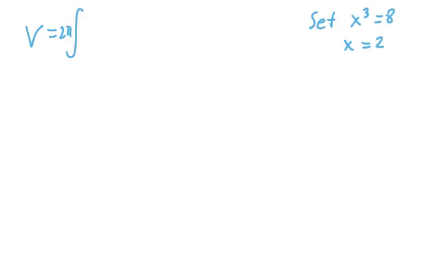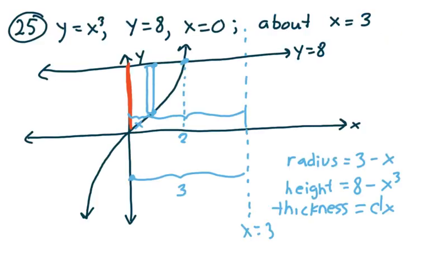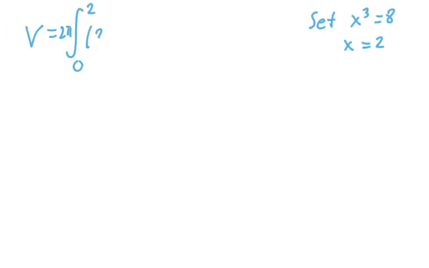So we're going to go from 0 to 2. The radius is 3 minus x, the height is 8 minus x cubed, and we're going to integrate with respect to x.